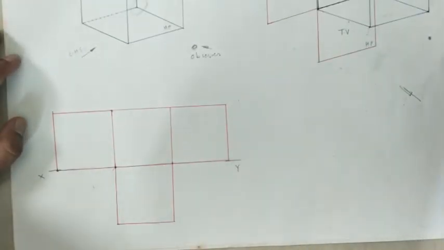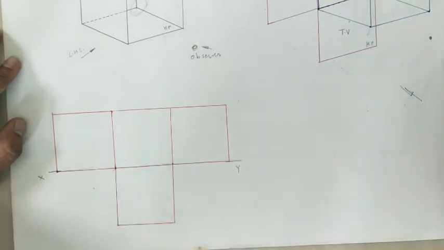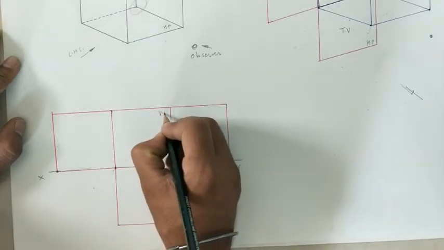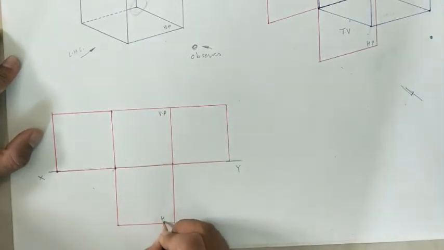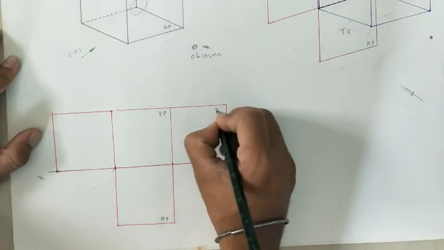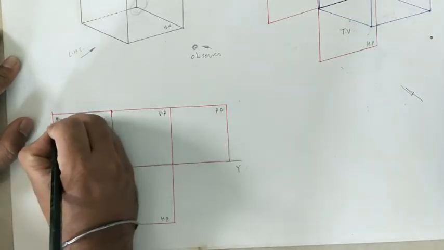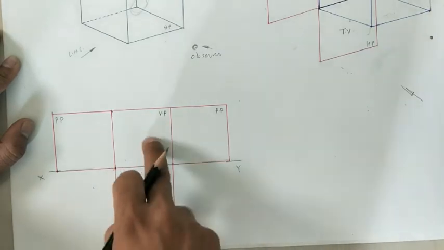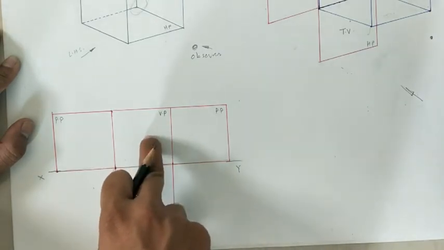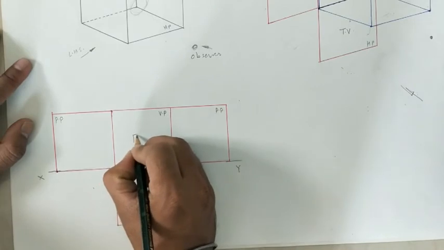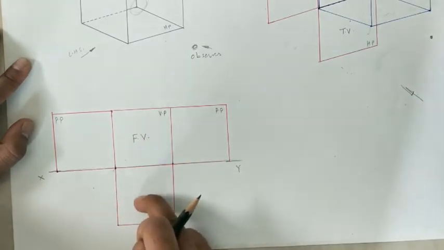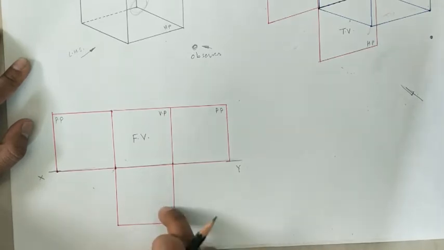So again, this is a summary of the first angle method of projection, where we should remember that this is the vertical plane, this is the horizontal plane, this is the profile plane, and this is also a profile plane. Which view comes onto the vertical plane? It's the front view. Which view comes below the front view, onto the horizontal plane?